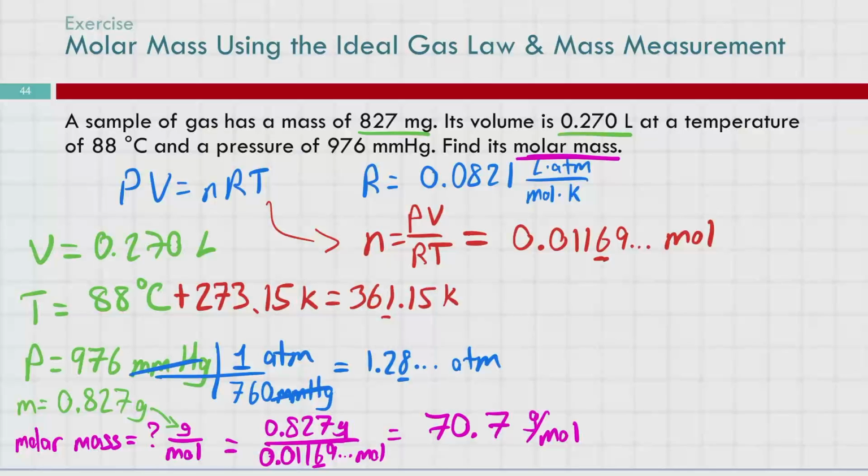And then for some extra fun, we can maybe guess what gas this could be. What's got a molar mass that's around 70 that's a gas? This is harder than the one that we did in class last time.